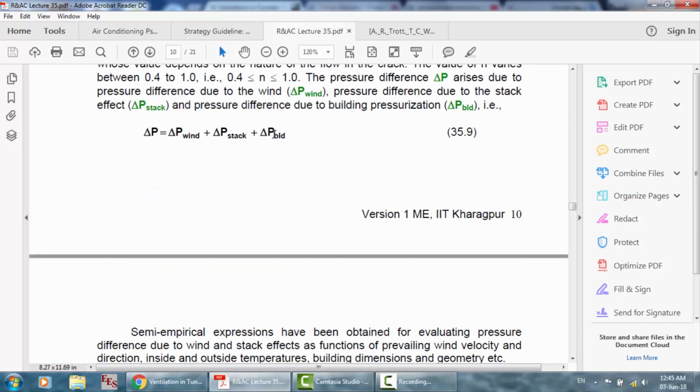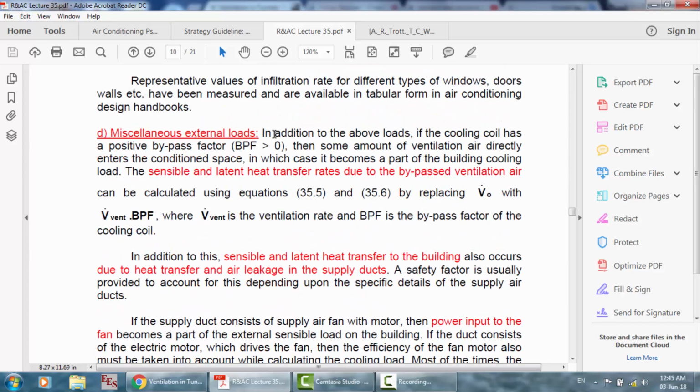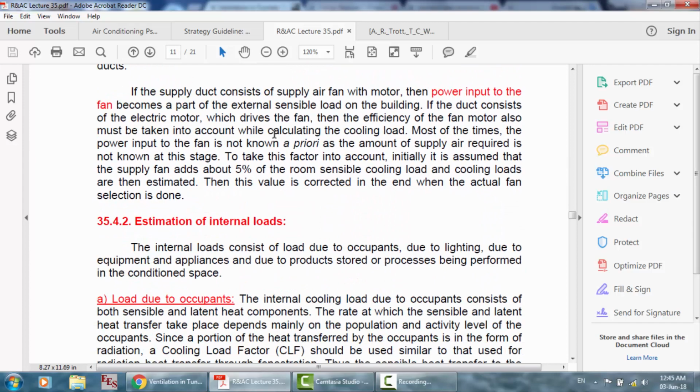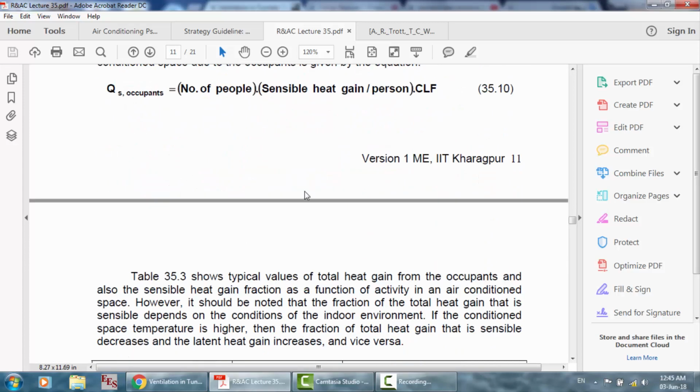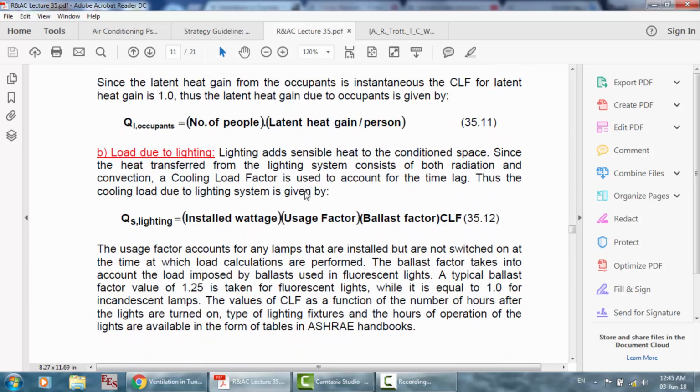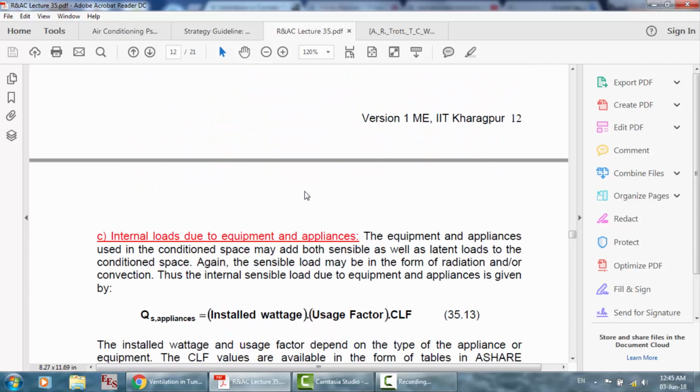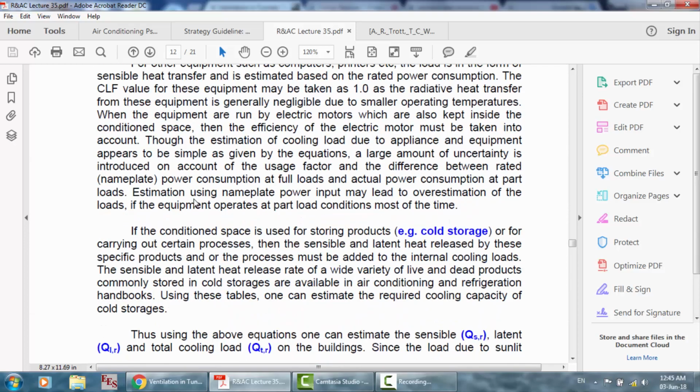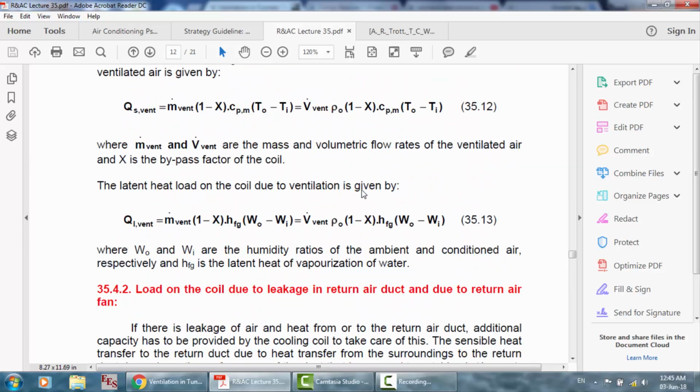Because we lose heat through the glass and walls, but we add heat to the system from the appliances, lighting, and these kinds of things. Then you can add all these things using the appropriate sign, positive or negative, and you get the total heating load. But of course, for the cooling loads, it's always the same sign, positive.